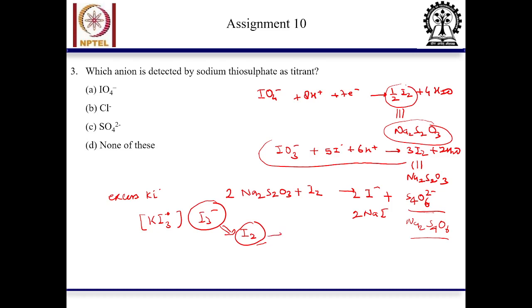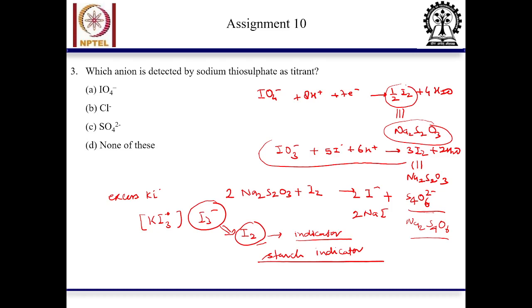The second point is that iodine is also an indicator, but to get a more accurate endpoint, we use the starch indicator. Starch will form a complex with iodine, and it will give a blue color complex.